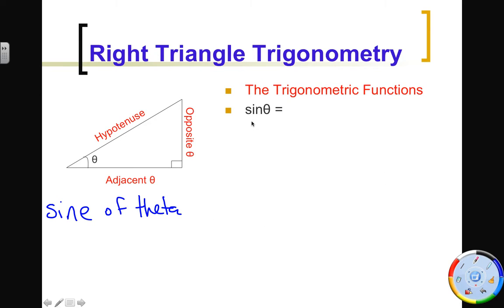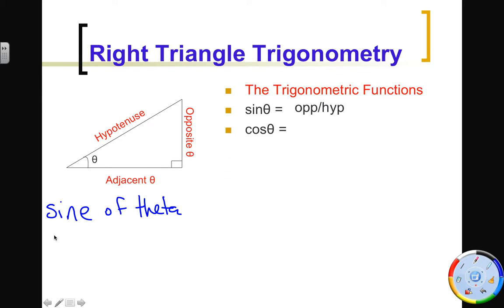All right, so the sine of theta you might remember from geometry. You do a little bit of this in geometry. You even do a little bit in Algebra 1 and hopefully in Algebra 2. So sine is defined as the length of the side opposite divided by the length of the hypotenuse. So sine is opposite over hypotenuse.